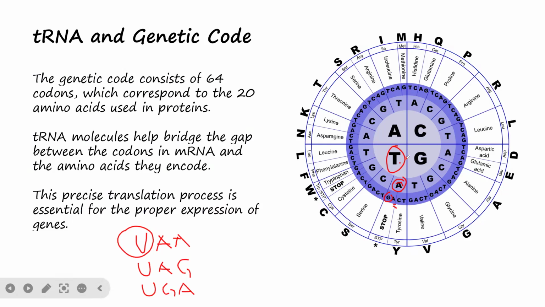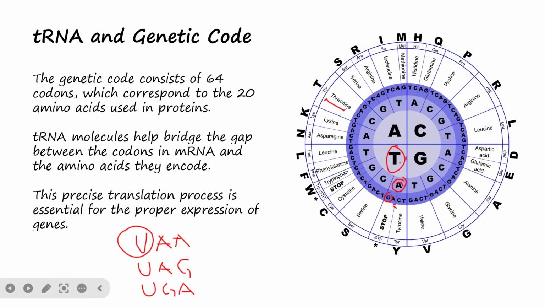Now, I can decide to ask you, or you can decide to ask, what are the possible codons of threonine here? Threonine has many codons, because one thing with the genetic code is that more than one codon can code for one amino acid.